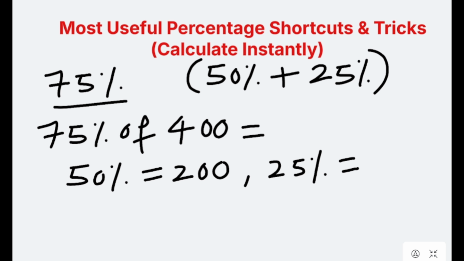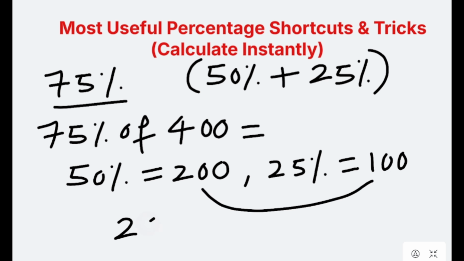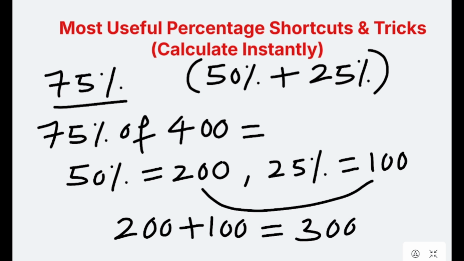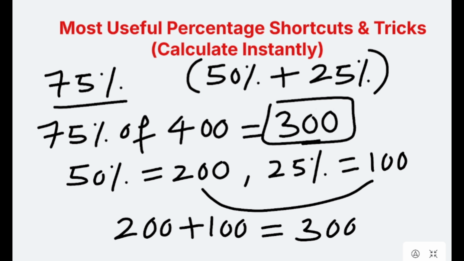So 400 divided by 4 is 100. Correct? Now you add both of these. So 200 plus 100 is 300. So the answer is 300. That's the final answer. So 75% of 400 is 300. So the trick here is first find 50% and then add 25%.